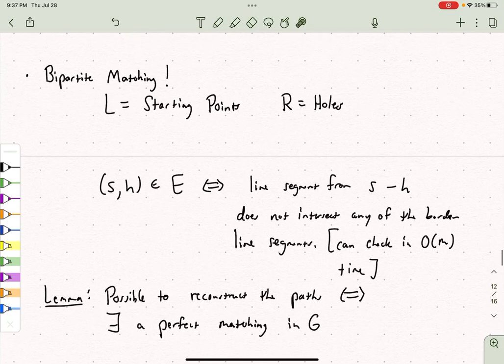So then the idea is we can reconstruct the paths, or find the goal line segments, the line segments that are supposed to match a starting point to a hole. We can reconstruct those if and only if there's a perfect matching in this graph G we are constructing.